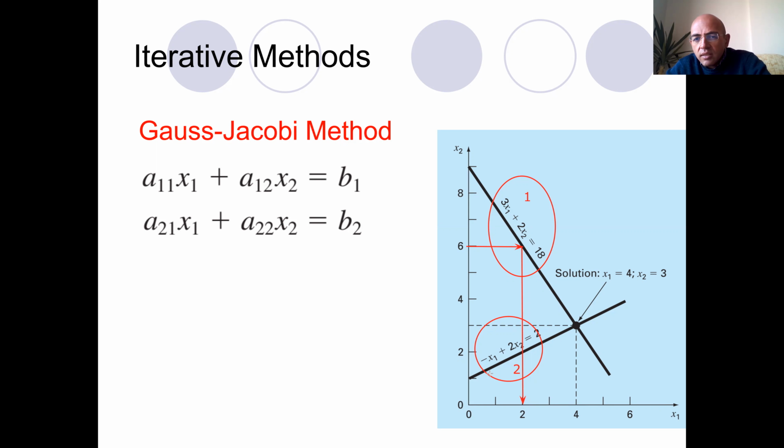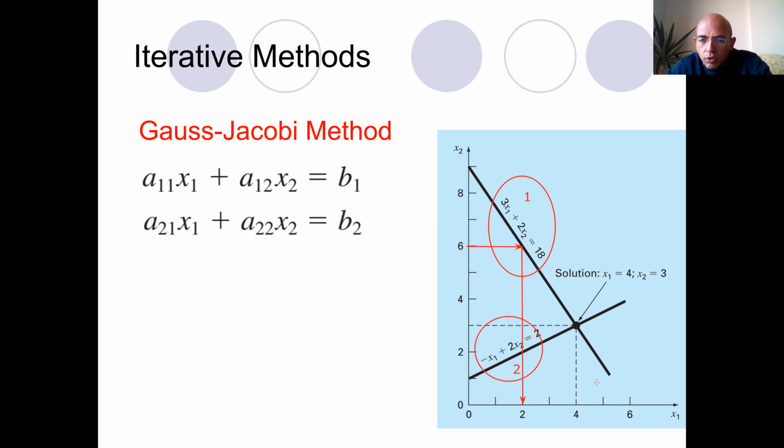Now let's have another approximation for x1, because 6 is my first approximation for x2 in my first iteration. Therefore, I need another approximation for x1 in my first iteration. And let's say that that is 3.